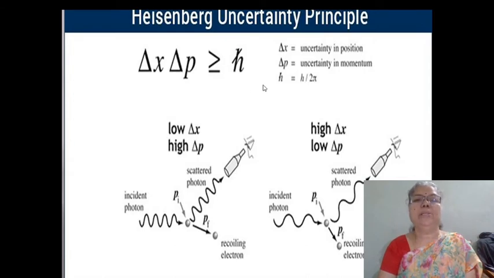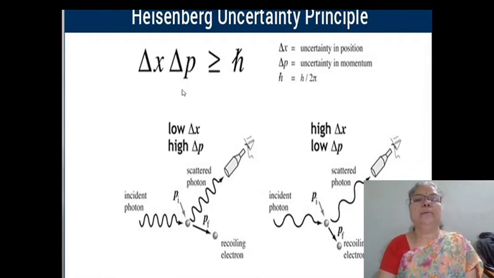according to the statement of Heisenberg's uncertainty principle, simultaneous and accurate determination of momentum and position is not possible, and mathematically delta x into delta p is greater than or equal to h cross. This is the mathematical expression of Heisenberg's principle. Here delta x is the uncertainty in position and delta p is the uncertainty in momentum, and h cross has the value h by 2 pi.